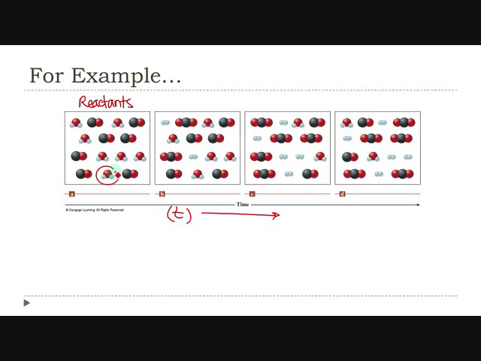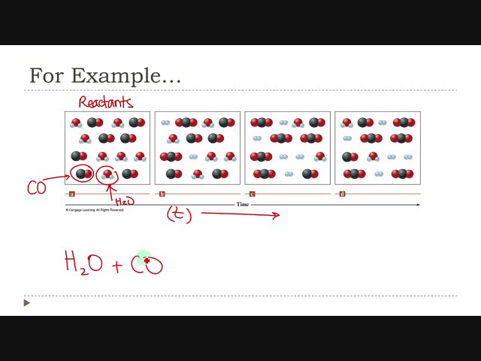Yep, this one's water. What do you think this one is? Carbon monoxide. Yep. Carbons are usually the darker, black ones, and then red is for oxygen, so that would be CO. So the reactants for this reaction are water and carbon monoxide.